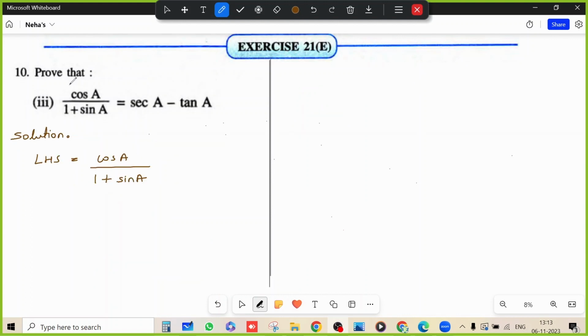The next question is we have to prove that cos A divided by 1 plus sin A is equal to sec A minus tan A. So we will begin with the left hand side.